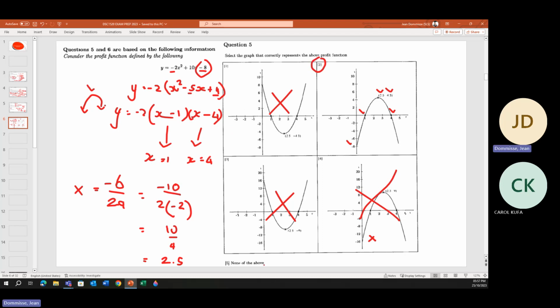I think already you would have seen, and hopefully they do it again this year, that they've taken away "none of the above". So I hope already in your mock exam that was already taken out, that there isn't "none of the above". Okay.